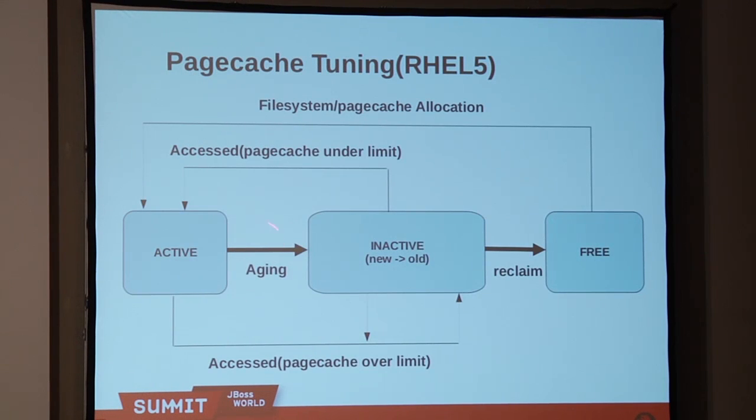And this is just a picture of how it works. Basically, if the page cache is over its limit, when it deactivated the page, rather than just sticking it back here, it would stick it ahead of all the anonymous pages that were here. So it would force the system to reclaim page cache pages instead of anonymous memory pages.